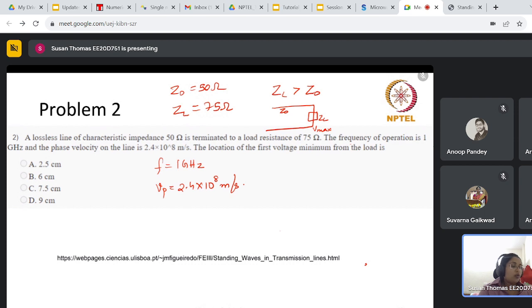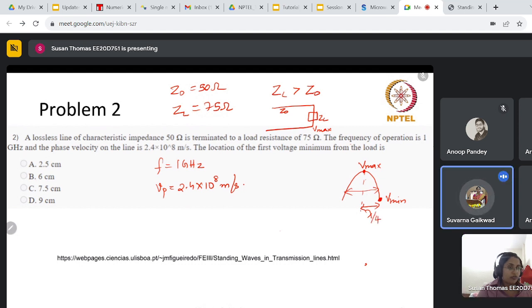All of you know about the standing wave pattern. This is called a V min and this is called a V max. The distance between a V max and a V min, can you tell what it will be? Lambda by 4. Adjacent maxima are lambda by 2 apart, so between a V max and V min it is lambda by 4.